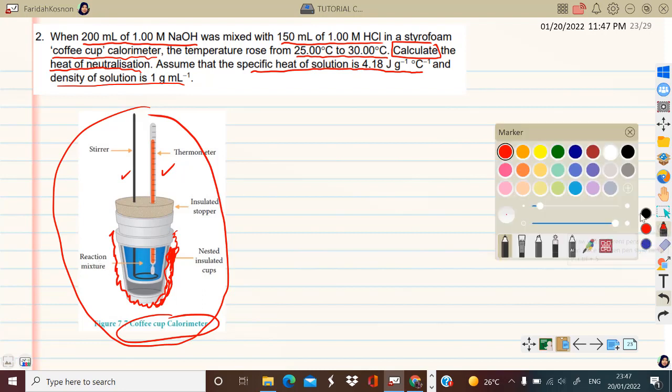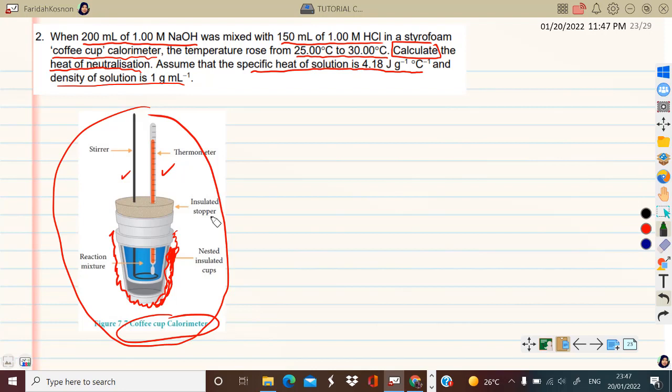So apa yang berlaku kat sini, we have to measure accurately 200 ml 1.00 molar sodium hydroxide. Okay, kena sukat ataupun measure dengan tepat. So kita masukkan kat dalam ni.